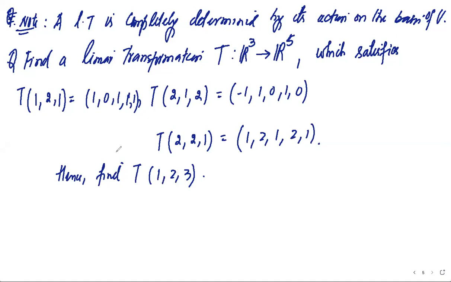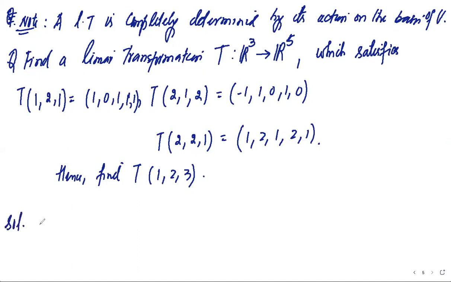तो इस चीज को करने के लिए हम क्या करेंगे? We will use this statement that a linear transformation is completely determined by its action on the basis of V. Now let's look at these vectors 1 2 1, 2 1 2 and 2 2 1. Now first we will look at these 3 vectors and they actually form the basis of R3. But we have to verify it first.